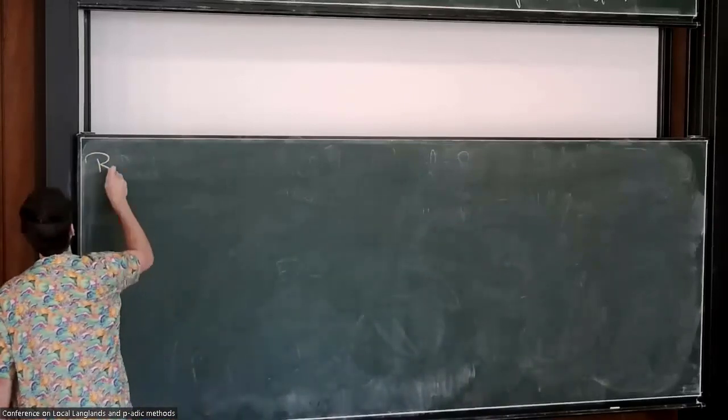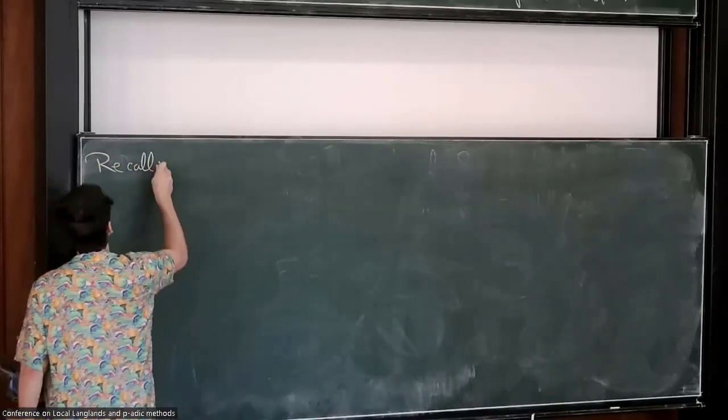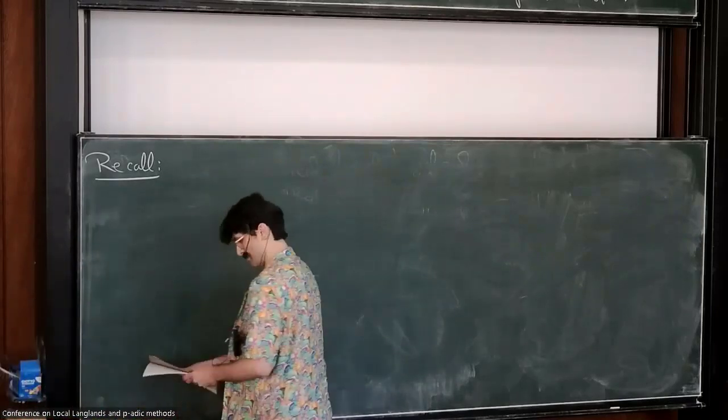Okay, so let me recall the following formulation of some version of local Langlands. I should pause and mention that we had some amusing discussion about Platonism yesterday, and I'm an extreme mathematical Platonist when it comes to the local Langlands correspondence. There's obviously some canonical local Langlands correspondence floating out there. It's our job to figure out how to pin it down, but it's definitely there.